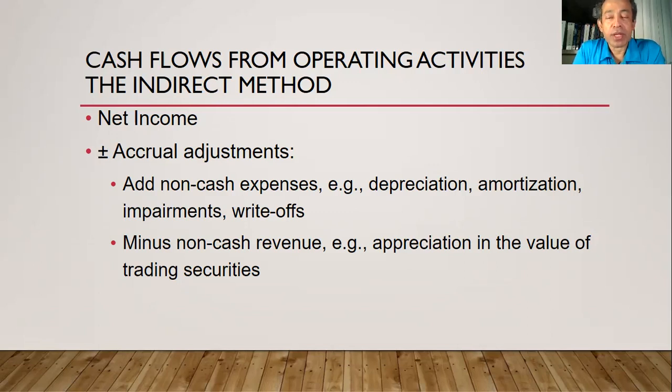If there are any unrealized gains or losses, gains come into the income statement, and losses also come in, but losses are subtracted. So we just have to do the opposite here to get to our cash flows from operating activities. This is the non-cash adjustment or accrual adjustment.